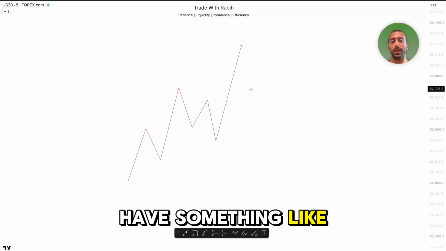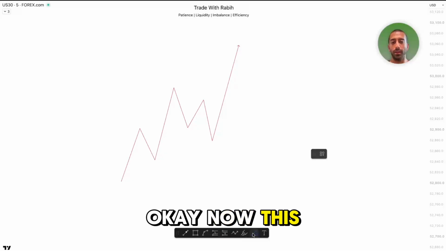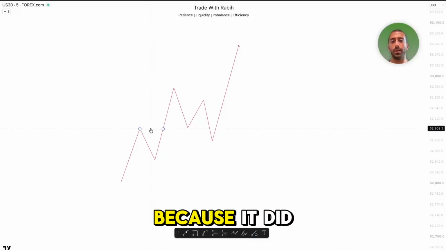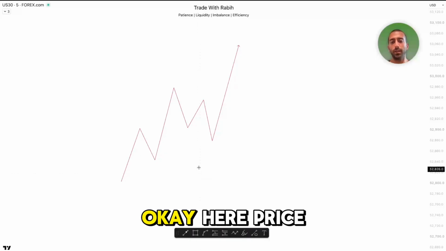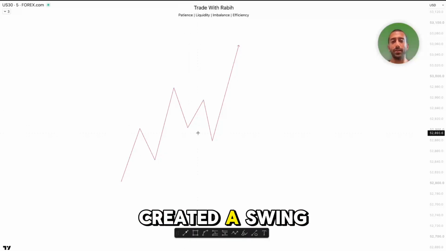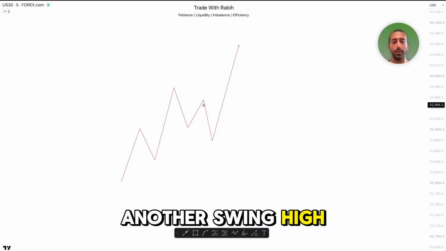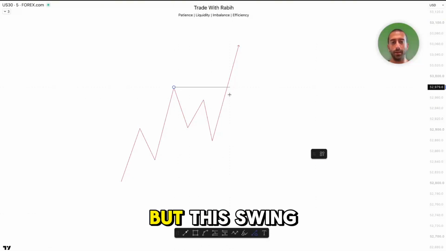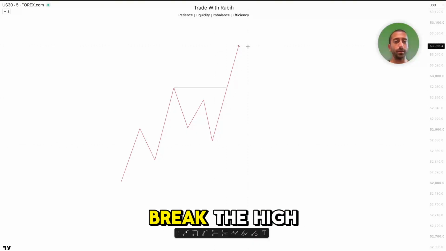let's say we have something like this. Okay, now this one is not a valid break of structure. Why? Because it did not sweep any liquidity. Okay, here price created a swing low, another swing high. This swing high failed to break this high, but this swing low managed to break the high.